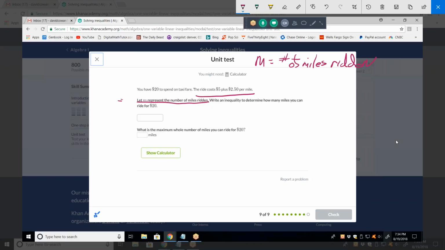Let's let C equal the cost of the ride. So C is equal to 2.5M plus 5. Good.